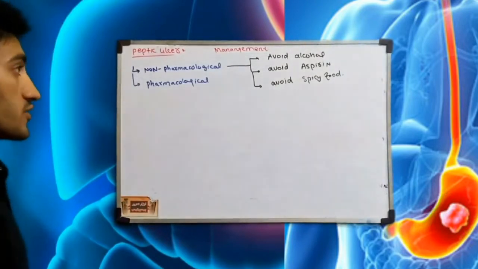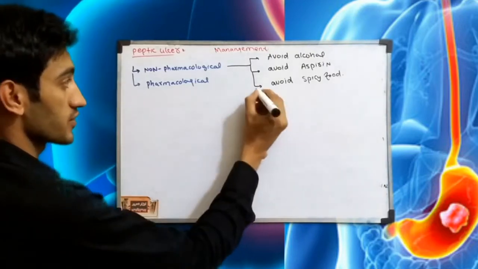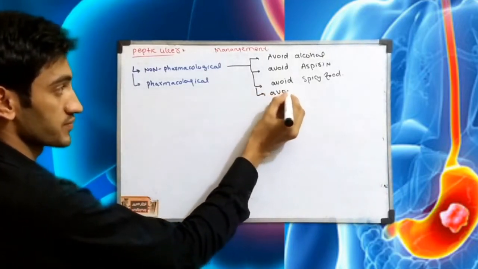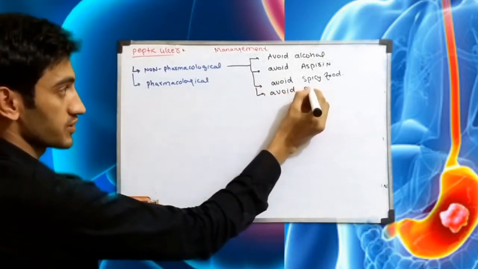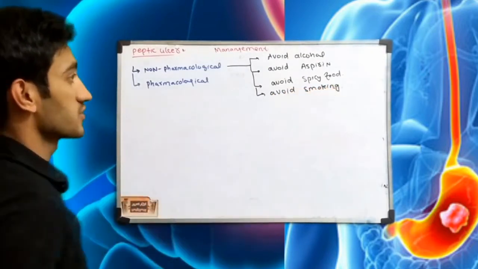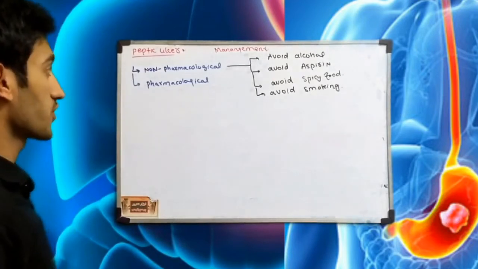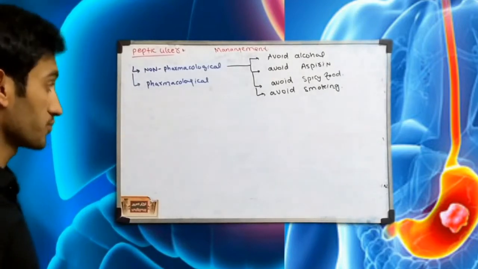Another thing is smoking. Avoid smoking, because it is one of the risk factors, as earlier we discussed in the risk factors of peptic ulcer. Now come to the pharmacological, which is very important.